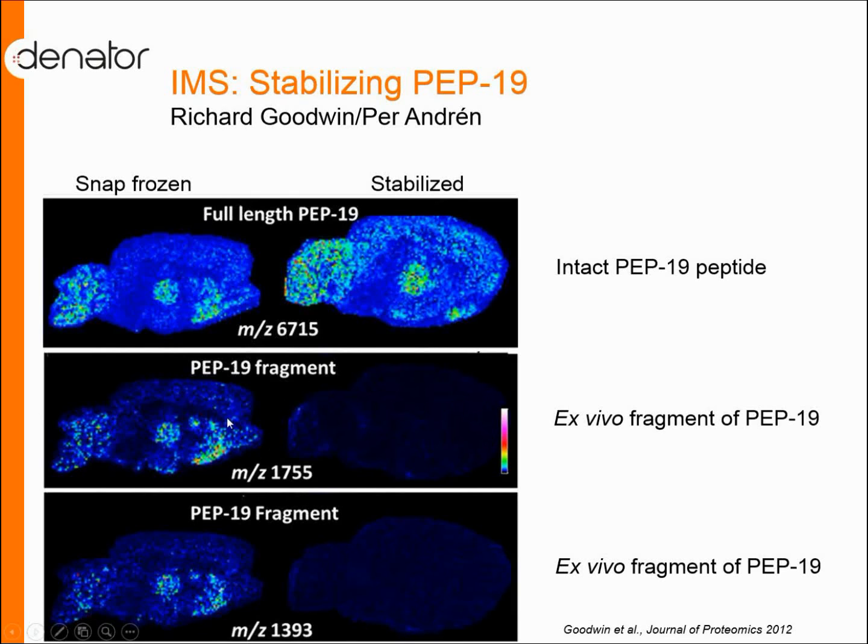Our interpretation, as well as that of the researchers who did this, Richard Goodwin and Per Andren, is that this is due to degradation during sample preparation. During the time from sampling to freezing to sectioning and so on, these two fragments are formed.